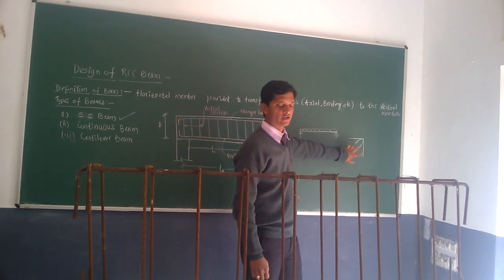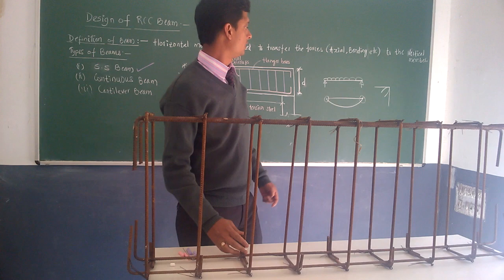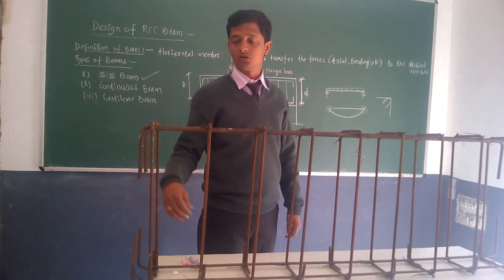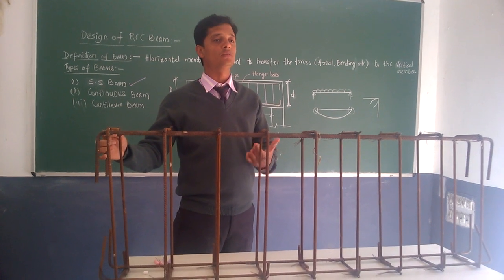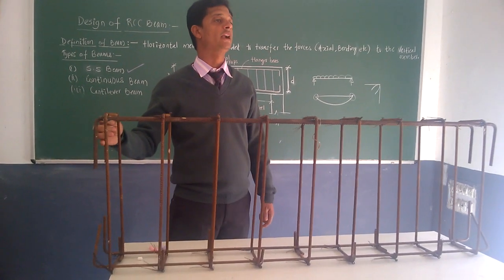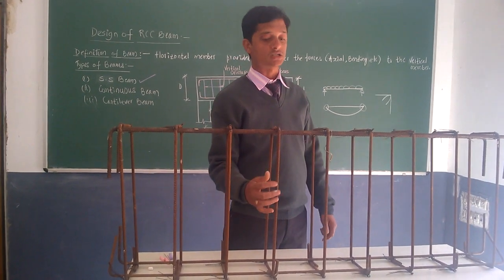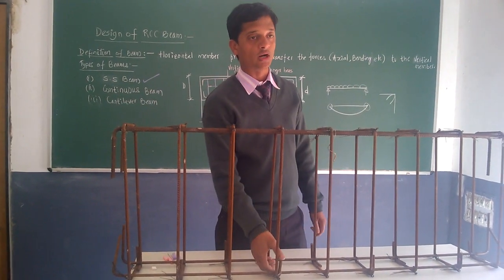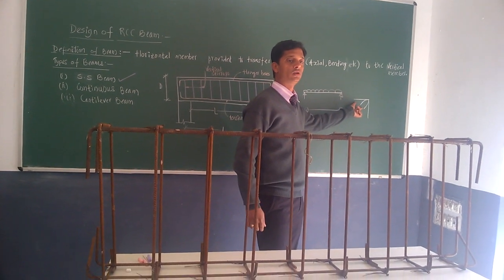Why do we provide the bend at 135 degree only? Because in case of lateral force, maybe wind or earthquake force, there is a lateral jump in the beam. At that time the links try to open. That's why we have to provide a bend at the proper angle, which is 135 degree as per IS standard.